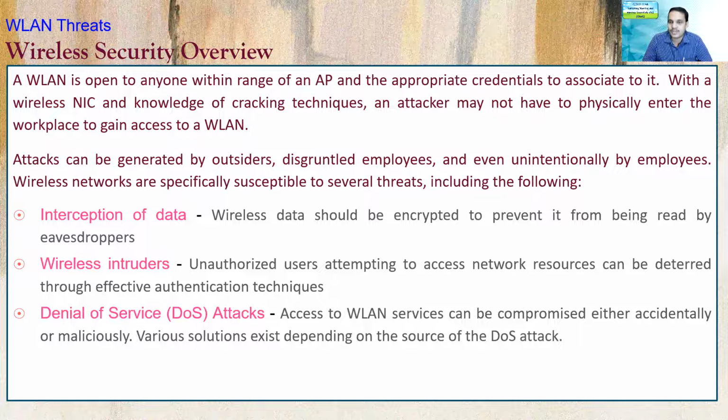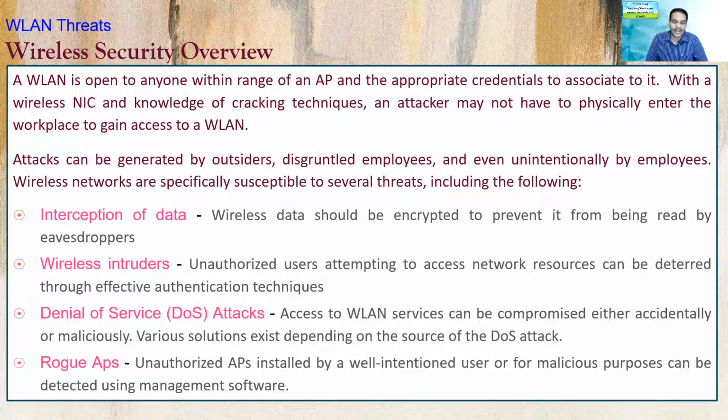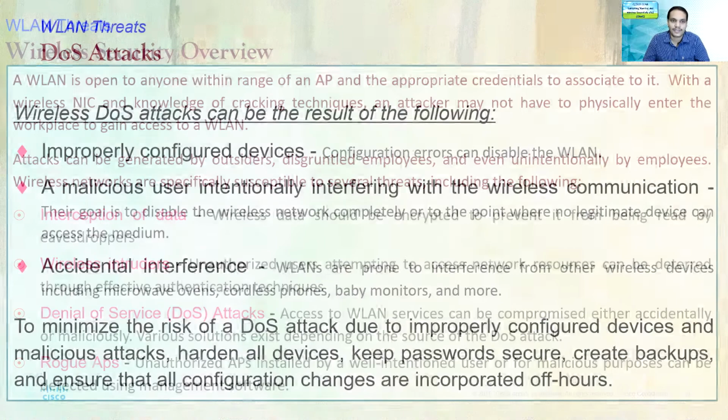The access to the WLAN services can be compromised either accidentally or maliciously. There are many solutions that do exist in order to thwart such attacks. And the last one is something called rogue APs. These are unauthorized access points installed by a well-intentioned user or for malicious purposes, and they can be detected using management software. These are all the different types of threats that WLANs usually face.